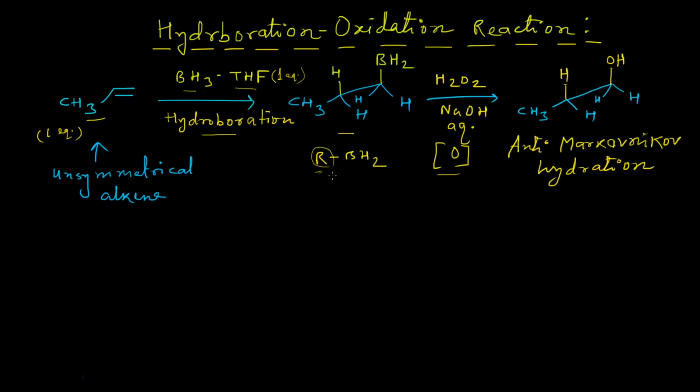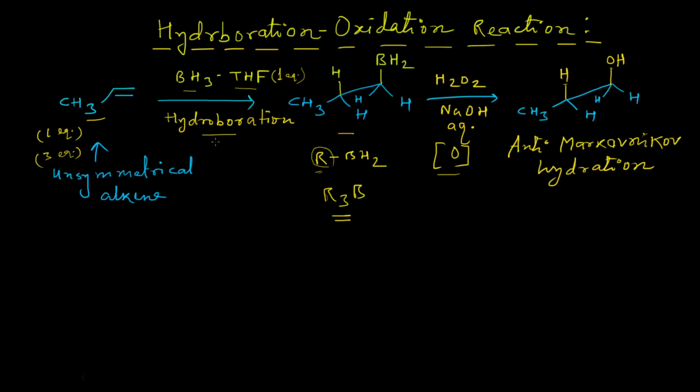So monoalkyl boron will form if we take 1 equivalent of alkene and 1 equivalent of boron. But if the alkene molecule is in 3 equivalent, then the initially formed monoalkyl boron will react with the unreacted alkene molecules, and thereby the reaction will provide the formation of trialkyl boron. So this will be the product when the alkene molecule is in 3 equivalent and the boron is in 1 equivalent.